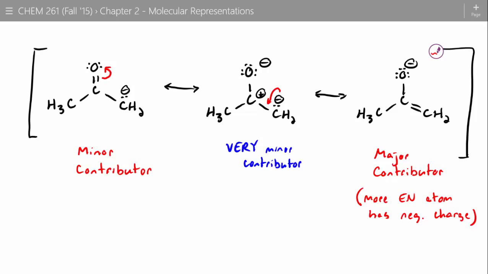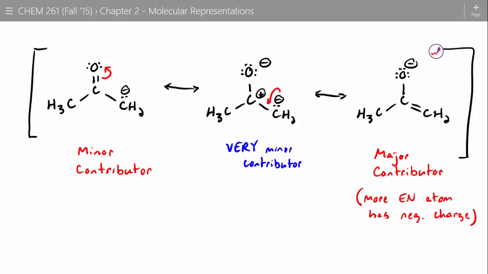So if we were to take a snapshot of this molecule, it would most closely resemble the one on the right. It would have some characteristics of the one on the left, meaning that carbon-carbon bond would have some double or single bond character, but it's more closely resembling a double bond. And in reality, the one in the middle really wouldn't look like that at all, even though we could draw that.